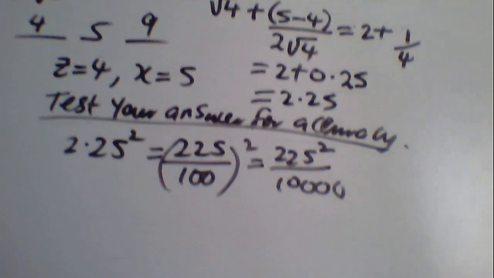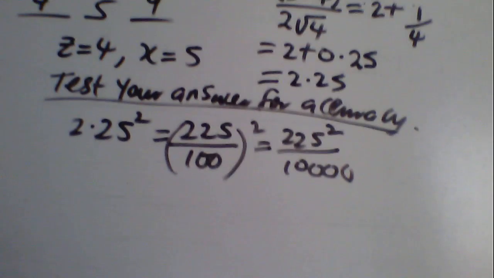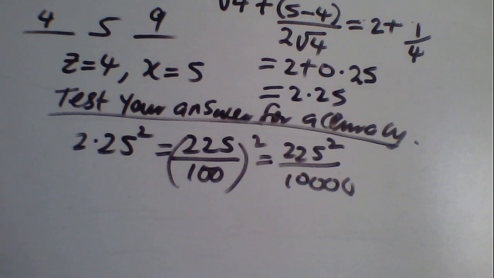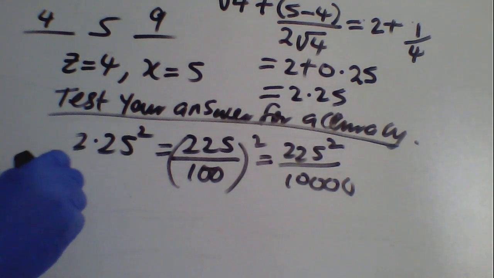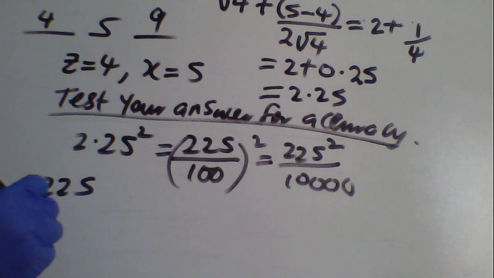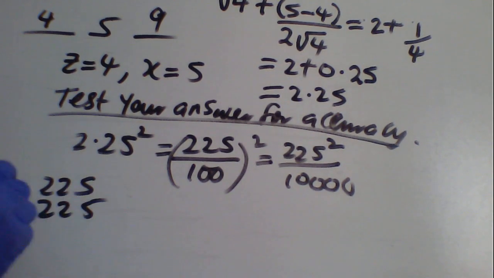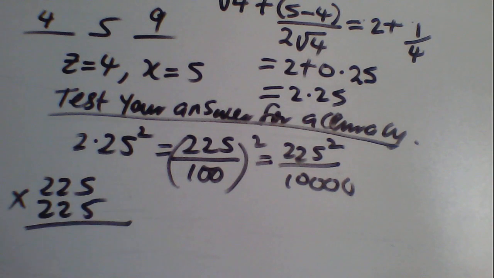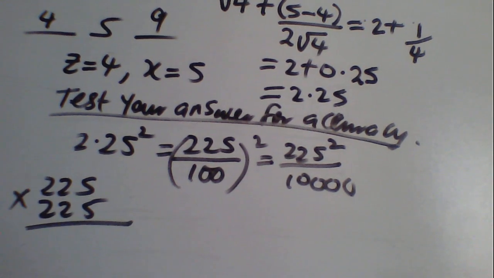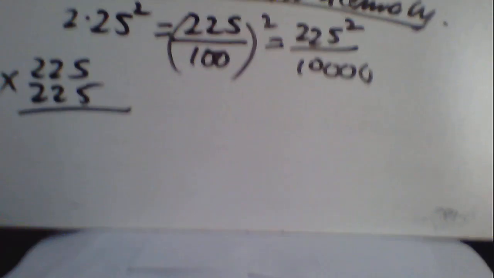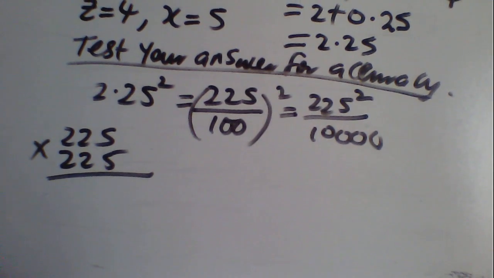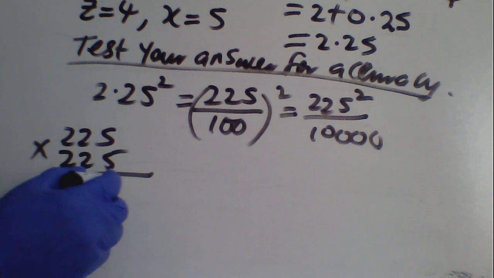So what is the next thing we have to do? From here, we have to find the square of 225. The digits are not the same, so you won't use that method. For this method, because we are doing this without our calculator, 5 times 5 gives us 25.